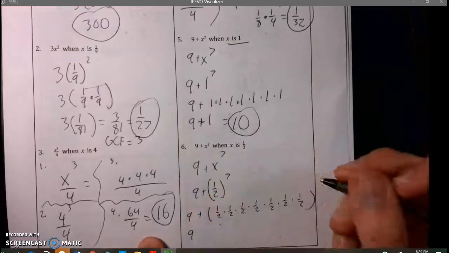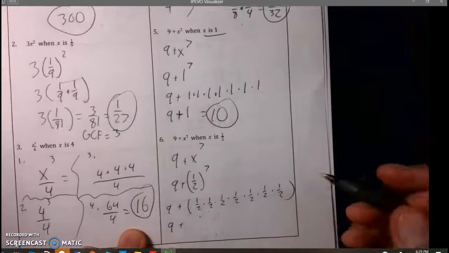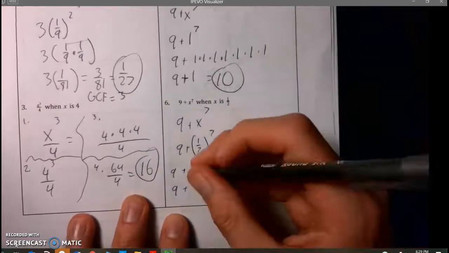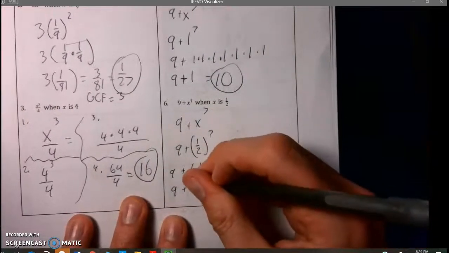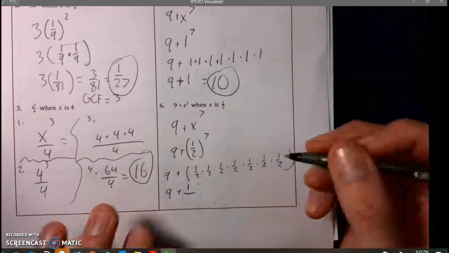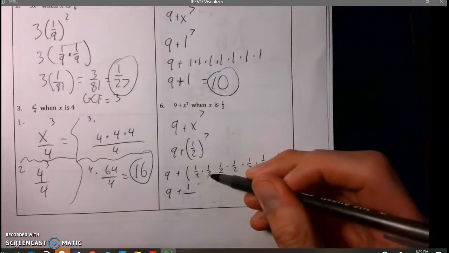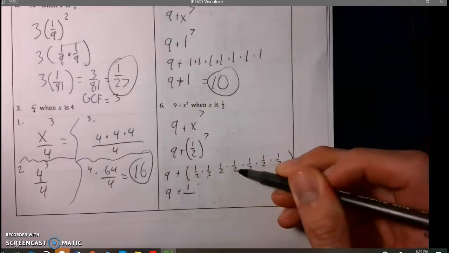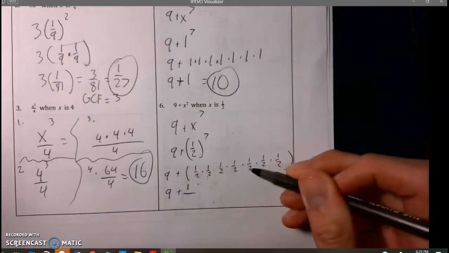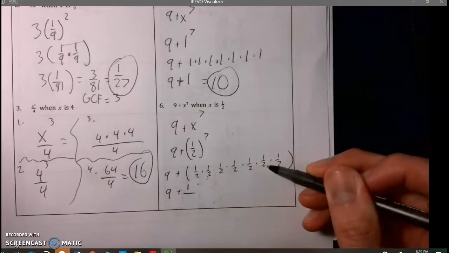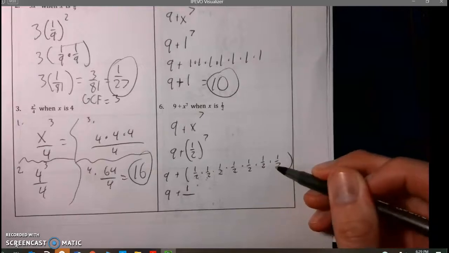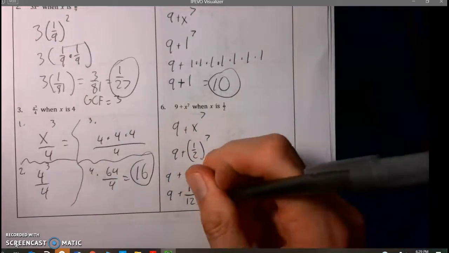When you multiply fractions, numerators multiply across. So this is just going to be 1 on the top. Denominators, a little bit more work. 2 times 2 is 4, times 2 is 8, times 2 is 16, times 2 is 32, times 2 is 64, times 2 is 128.